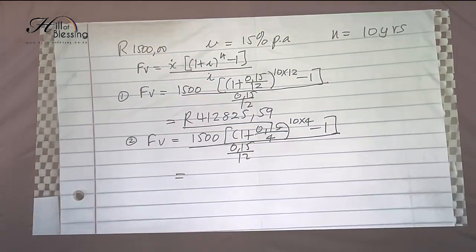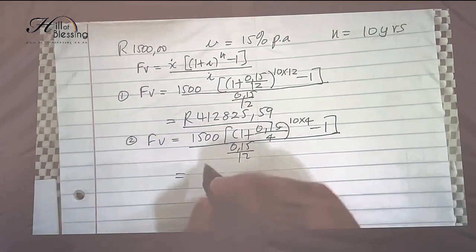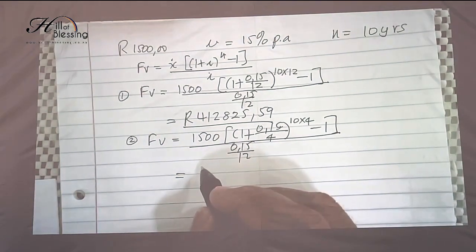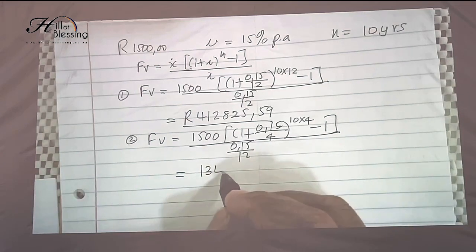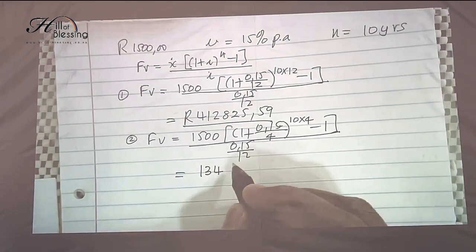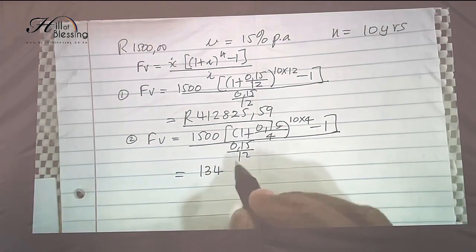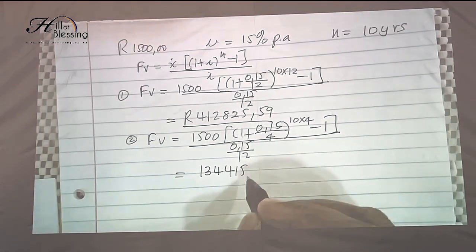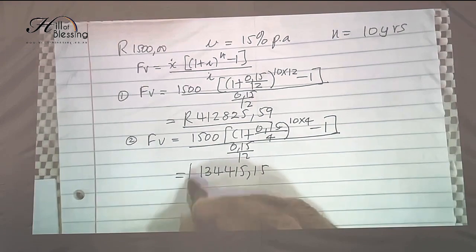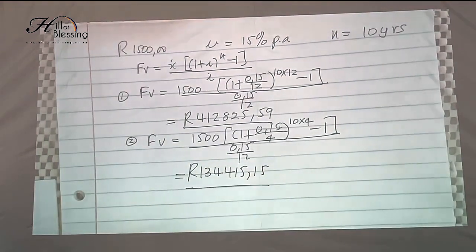Sorry? 134,000. Just say 1, 2, 3, 4, something. 415 like that. You sure it's 134,000?